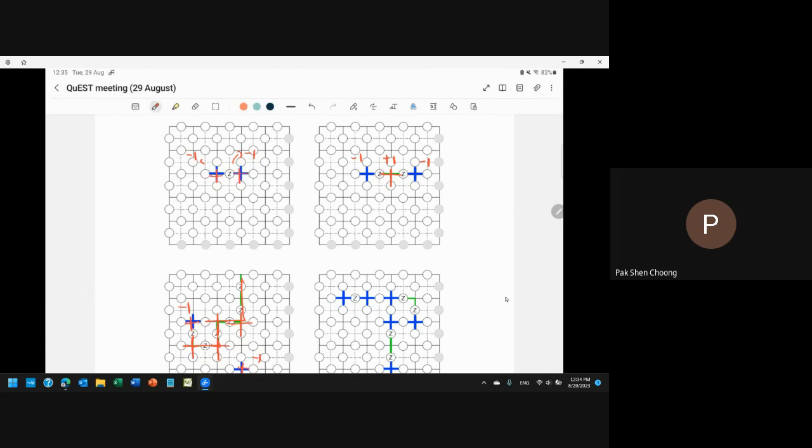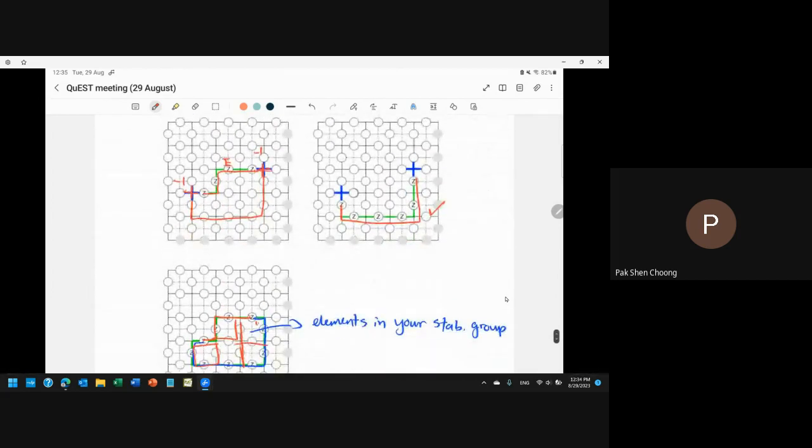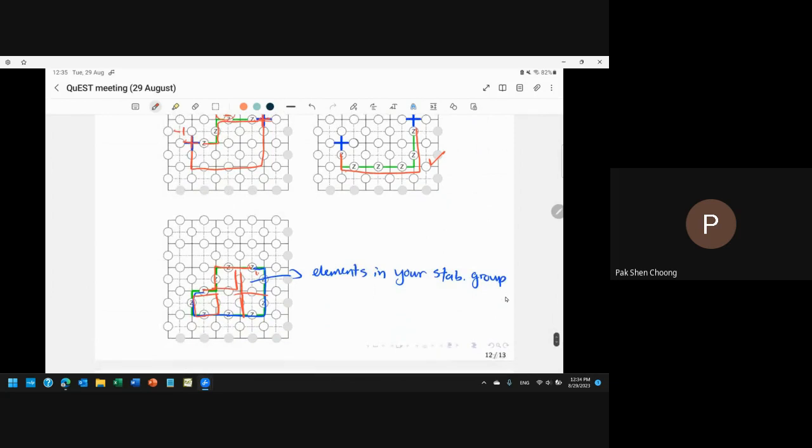Along the path you can't really detect the errors. And if you want to fix it, you either apply back the same error, or you can apply a different path in such a way that when your error mixes with the other path you choose, they become stabilizer elements again.